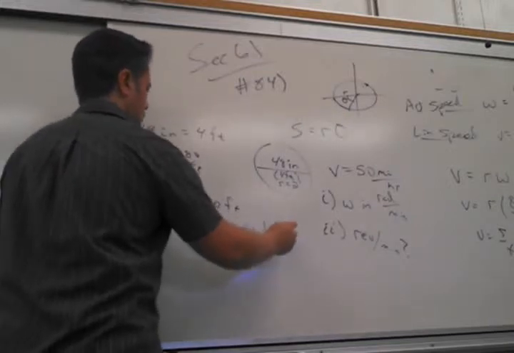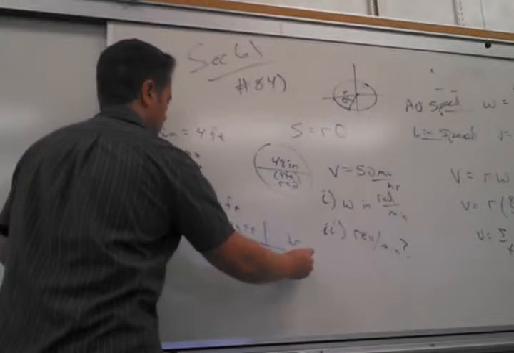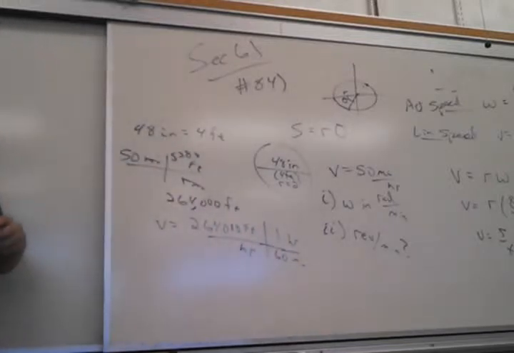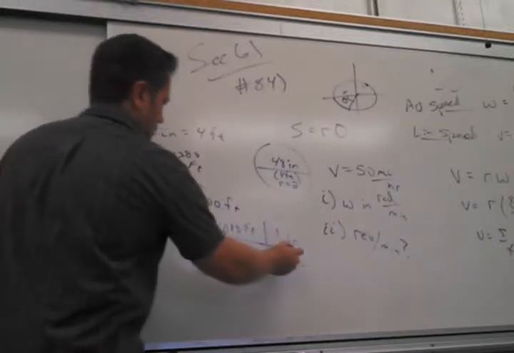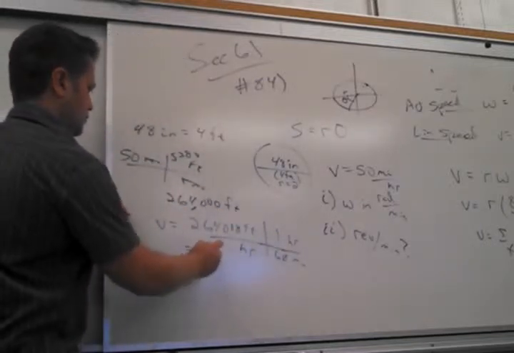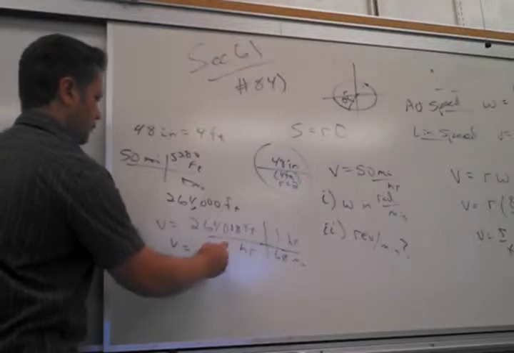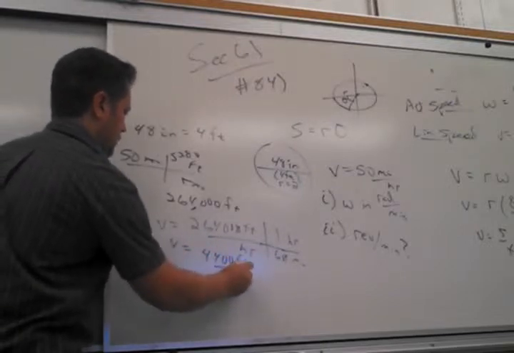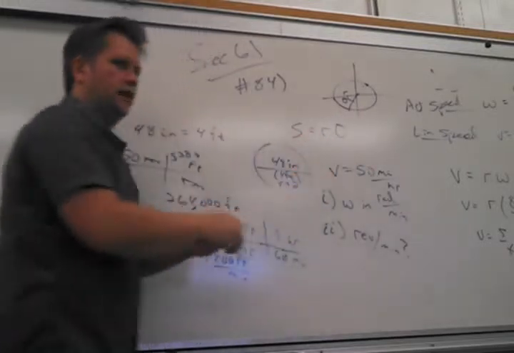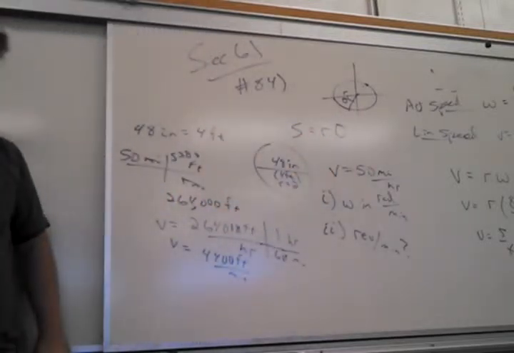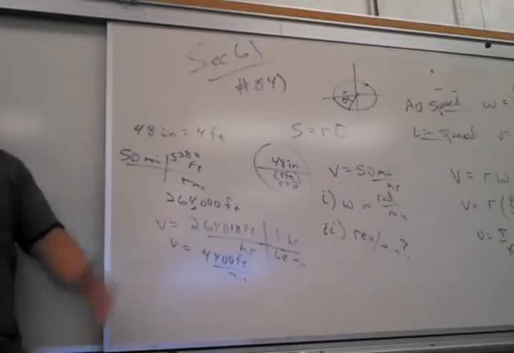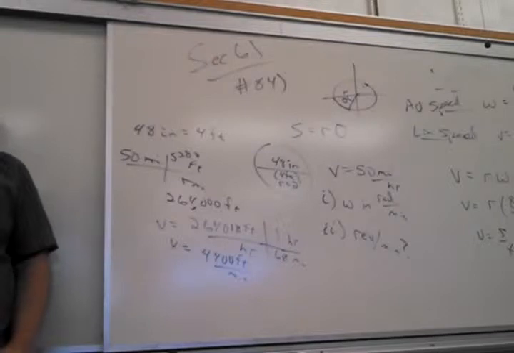Divide by 60. So that's 4,400 feet per minute. So the next time you're going down the highway at 50 miles an hour, you're actually going 4,400 feet per minute, in case you were curious. You say that to somebody and they'll go, whatever, man, just get us there.